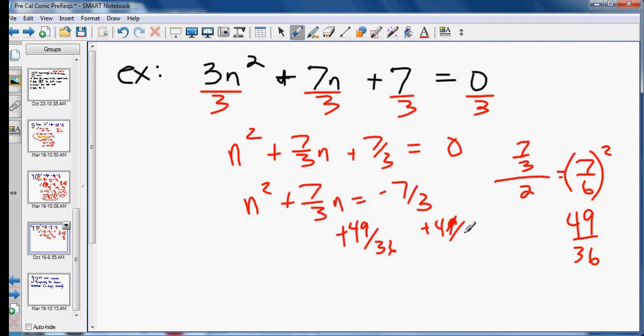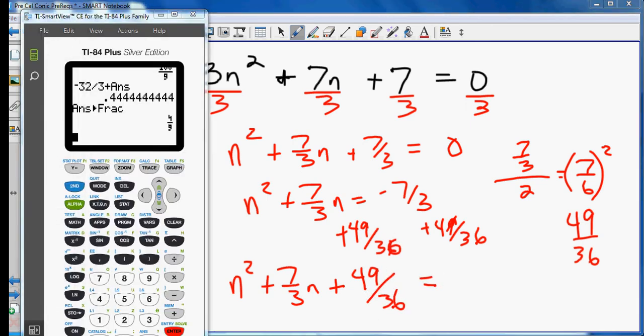That gives us n squared plus 7/3 n plus 49/36 equals negative 7/3 plus 49/36. Sorry, my calculator is doubling everything I do. Let's try one more time.